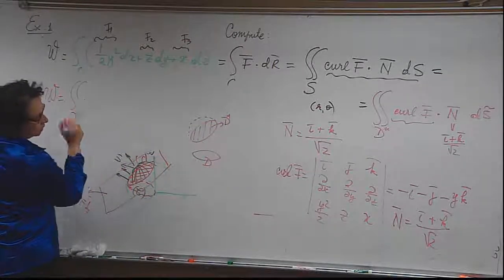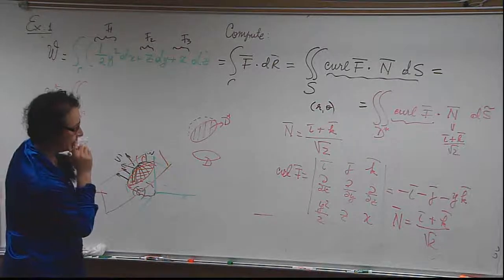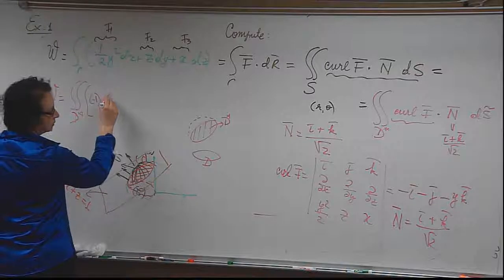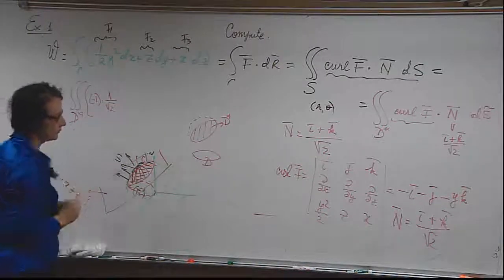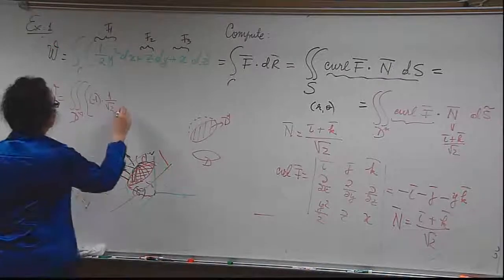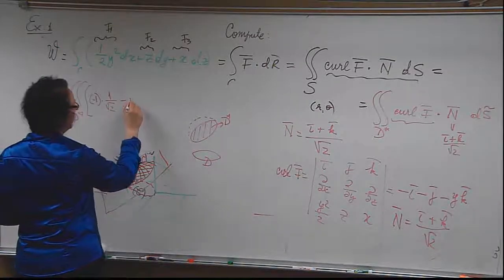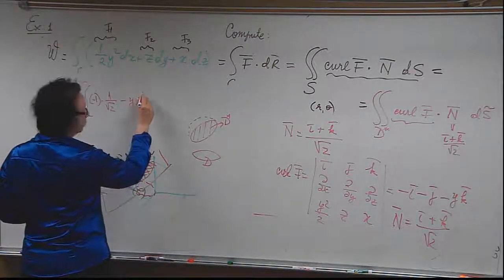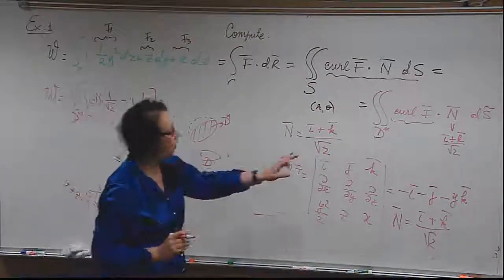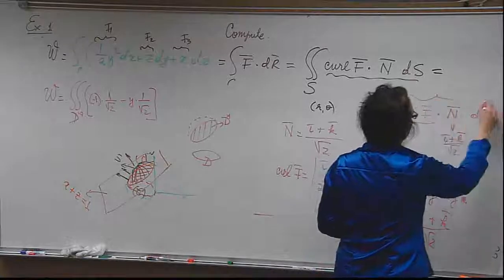So, you help me, right? I get minus 1 times 1 over root 2, am I right? A 0 for the middle term, and a minus y times 1 over root 2. Good. This is the whole thing over here.